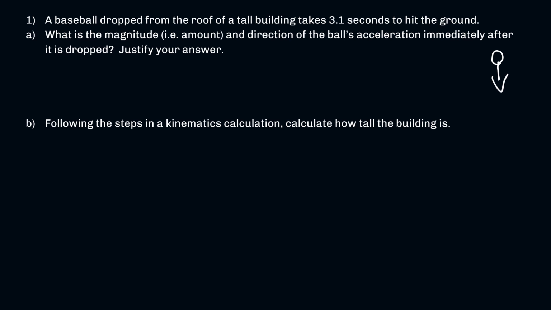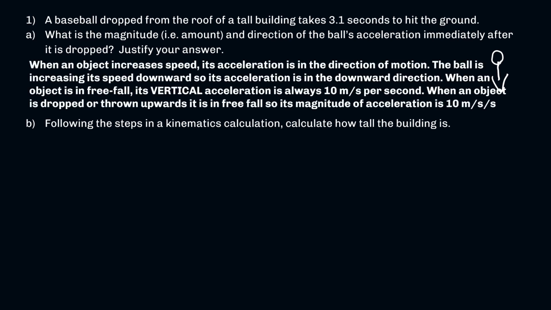So if I write this out here, or I have this typed out, what I'm going to have here is my full answer. So when an object increases speed, its acceleration is in the direction of the motion. That's my fact. That's my evidence. Then my reason, the ball is increasing its speed downward, so its acceleration is in the downward direction.